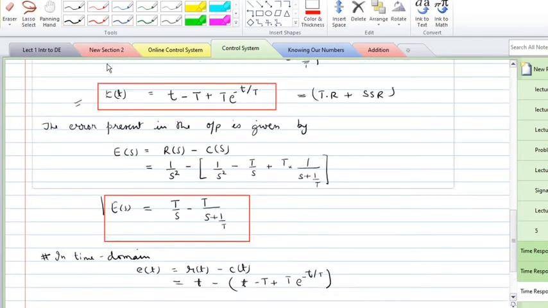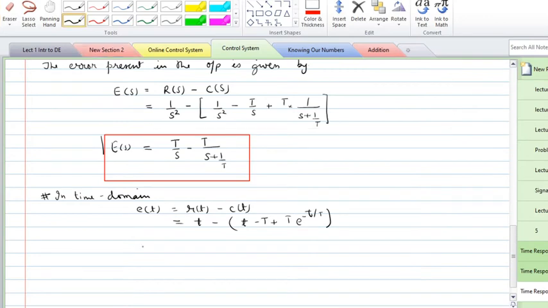So solving it, we get e(t) is equal to T minus T times e raised to power minus t by T, and this is nothing but the Laplace inverse of this equation. Okay, this is the e(t) and this is your time E(s).